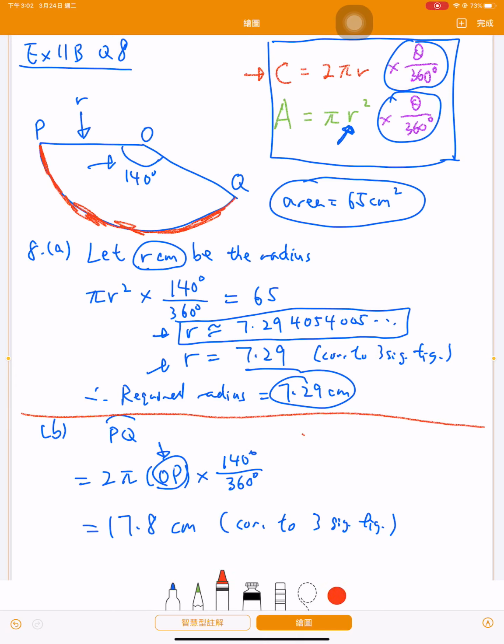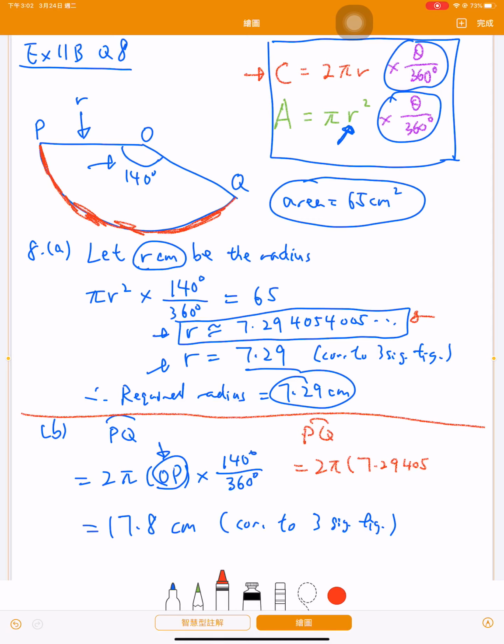We have method 2. Another way is that for this PQ, we may use a more exact number. For example, we may take more digits, for example, we may use 7.29405.